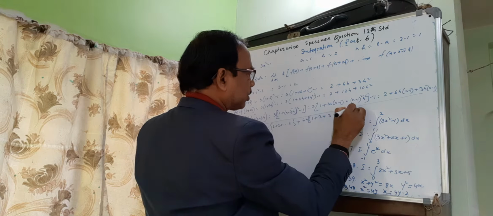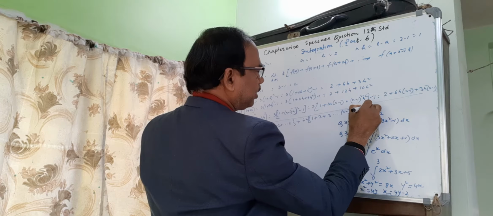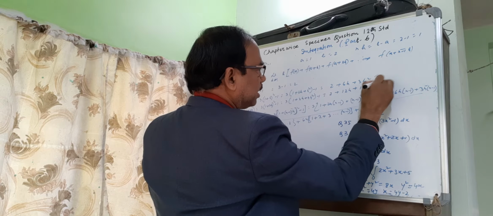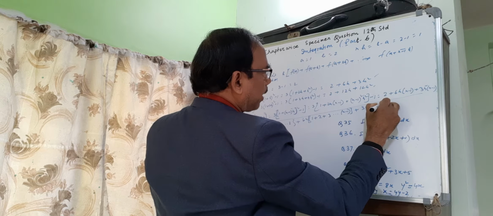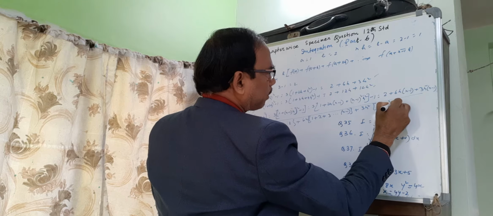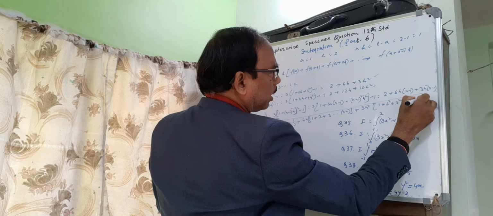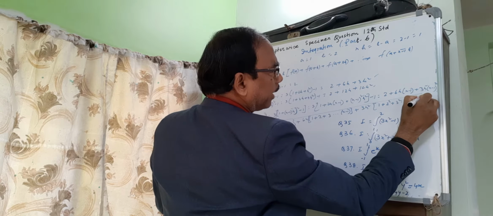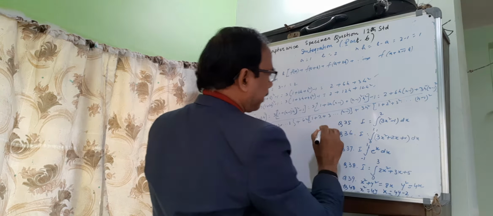Then 3h square is common: (1 square plus 2 square plus 3 square and so on up to (n minus 1) whole square).